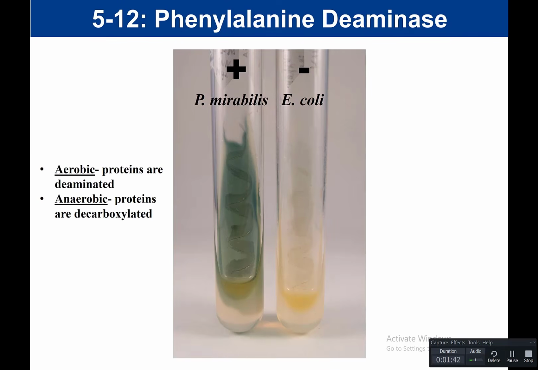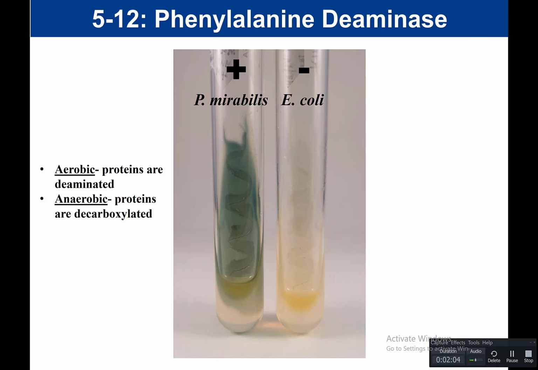Again, for this, you don't have to memorize which bacteria gave you which result, but if shown a slant, you should be able to tell me whether that is the positive or the negative. And so notice that for Proteus mirabilis, we see green on the slant. That is our positive. E. coli does not have green, it's still yellow, so that would be our negative.